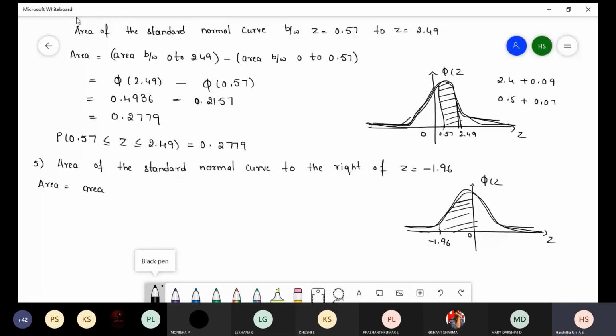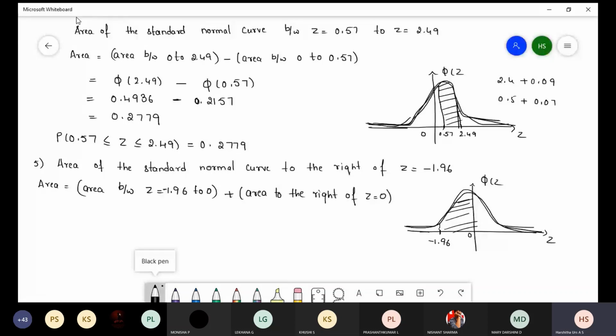Area between Z is equal to minus 1.96 to 0 plus area to the right of Z is equal to 0.